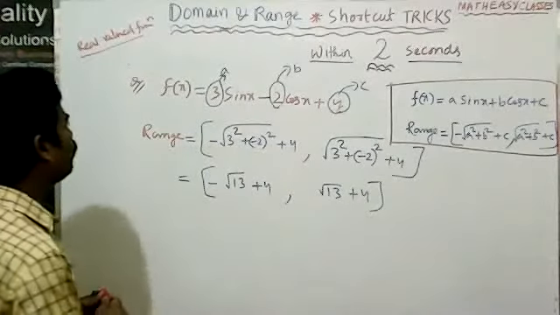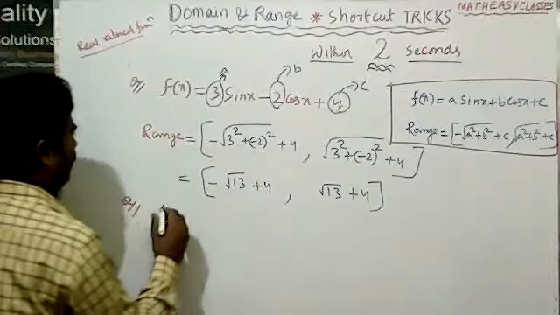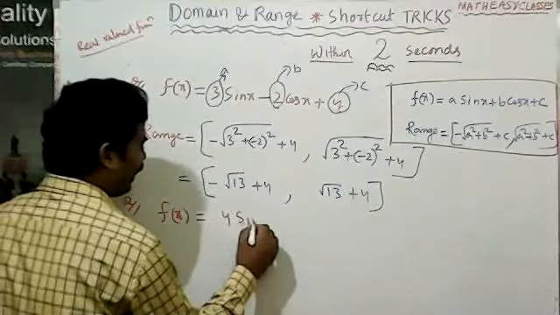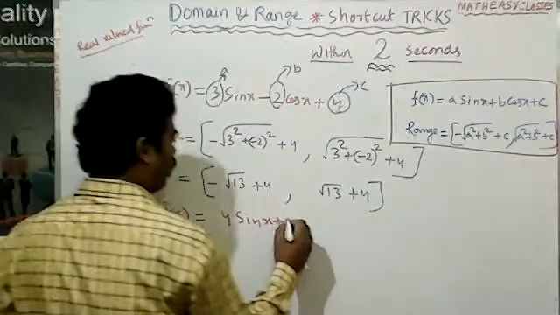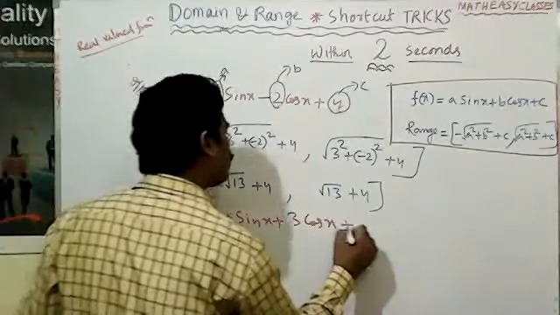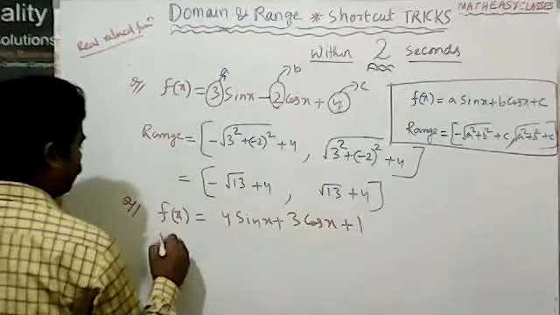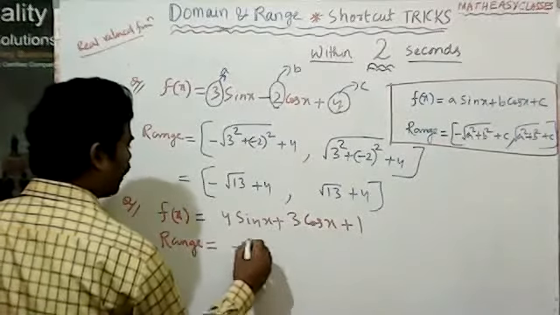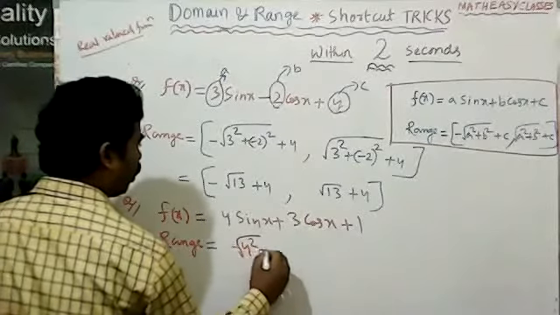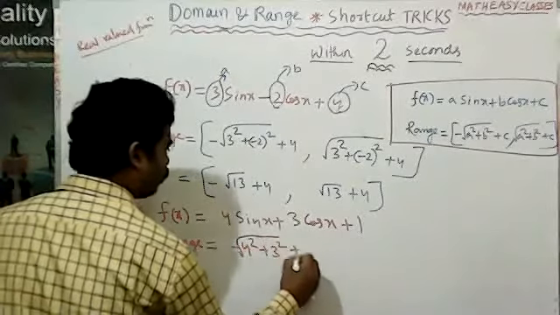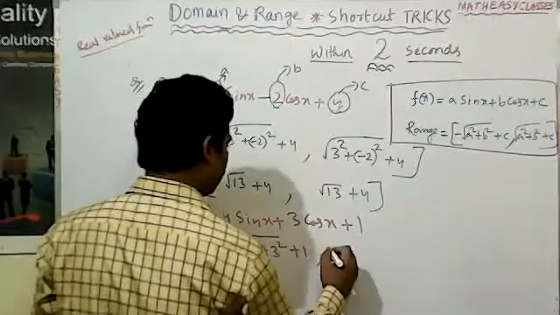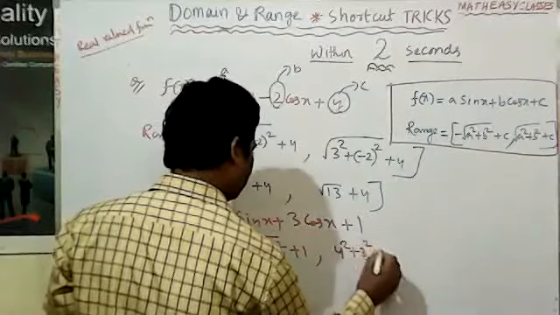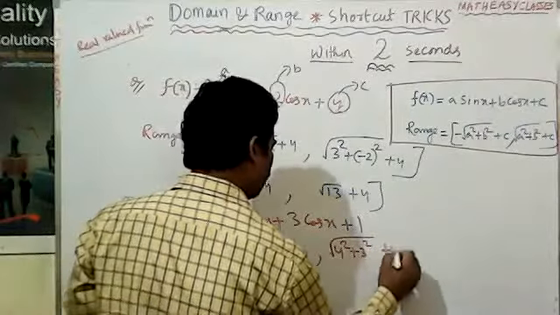If the question comes in this way, that means f(x) = 4 sin x plus 3 cos x plus 1, at that time what will you do for the range? That means minus root of (4 square plus 3 square) plus 1, comma, root of (4 square plus 3 square) plus 1.